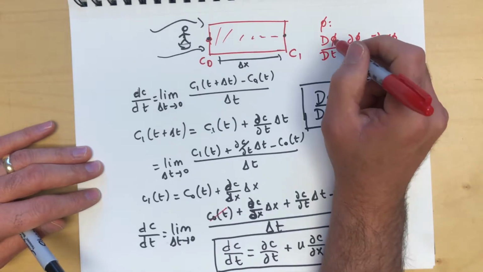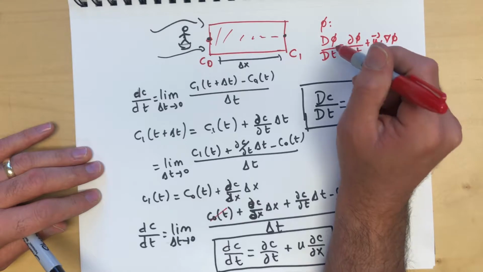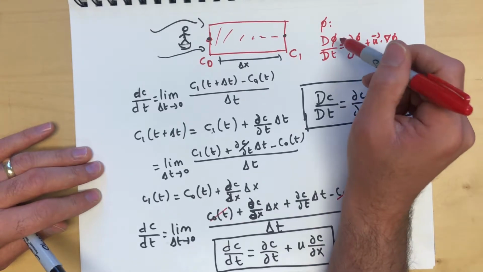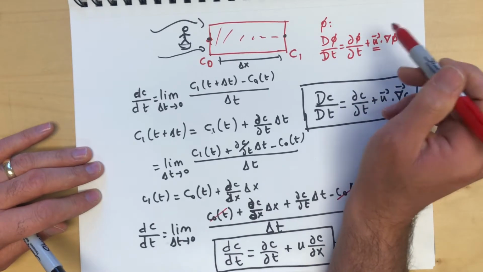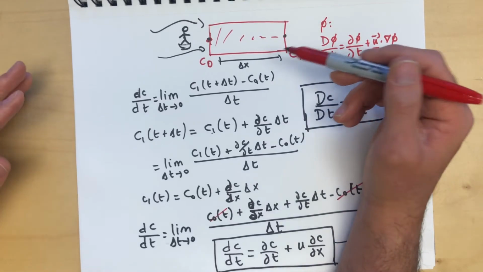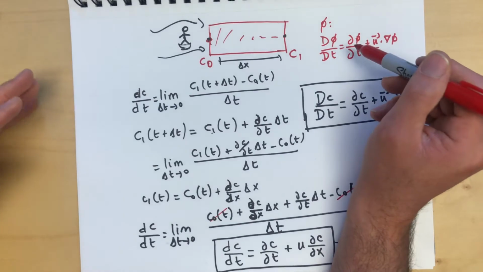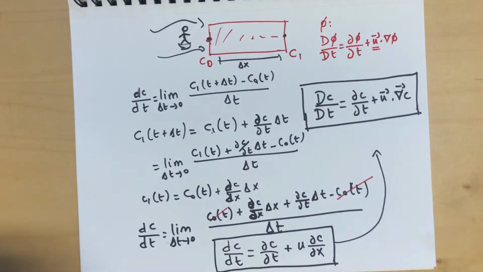The idea here is that we are tracking an infinitesimal fluid particle or infinitesimal material point as it flows with the flow velocity. This u here is the flow velocity, and we're assuming that the fluid particle is going to go with the flow velocity.